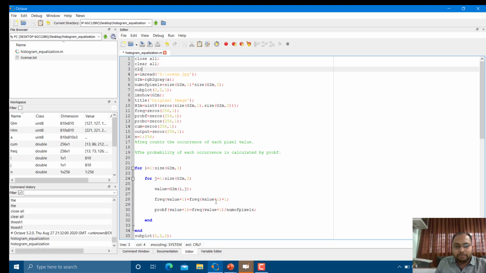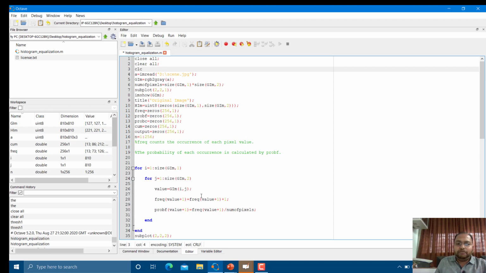The frequency of occurrence of 1 or 2 or 3 will be calculated and stored accordingly into this particular array. So the single dimensional array will now hold the frequency of occurrence of all the pixels, ranging from 0 to 255.